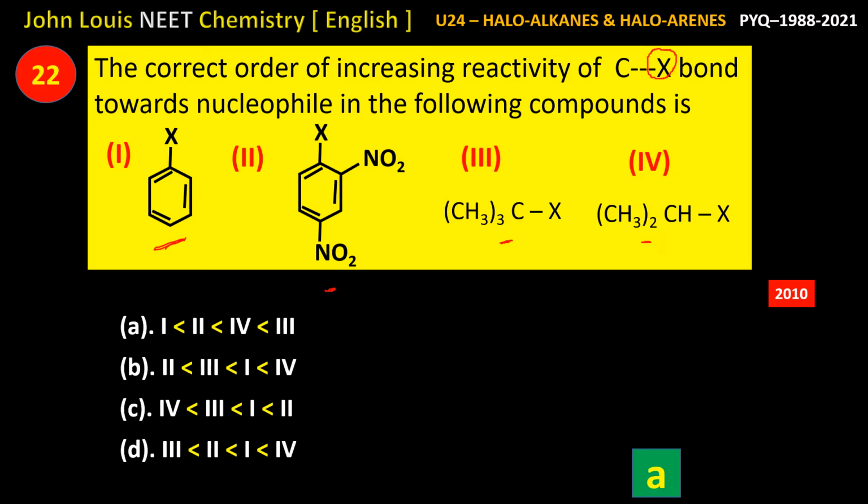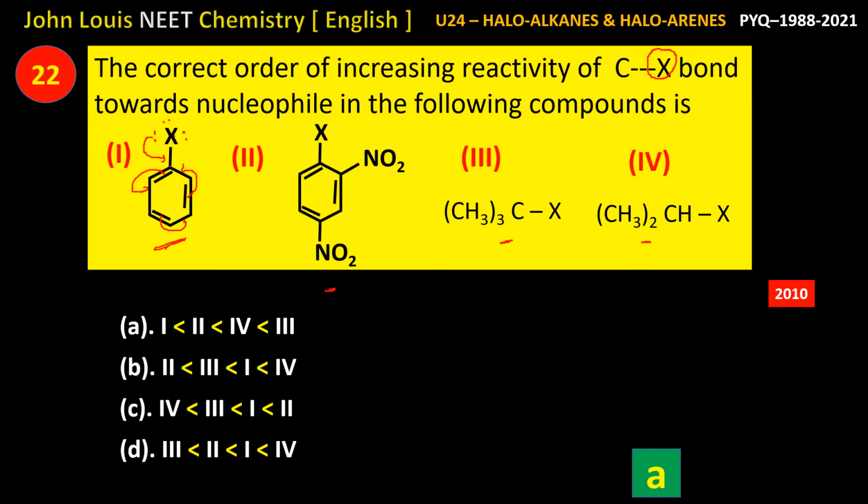If you take option 1, here the halogen is directly bonded to the benzene ring. Already we know these halogens have 3 electron pairs, and these electron pairs will be in resonance with the pi electrons in the benzene ring. Therefore, one can move here and this can come here, and this moves here and this moves here.